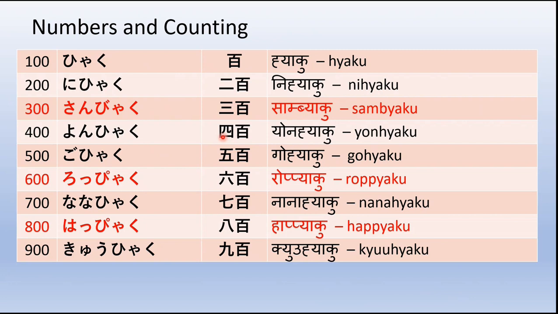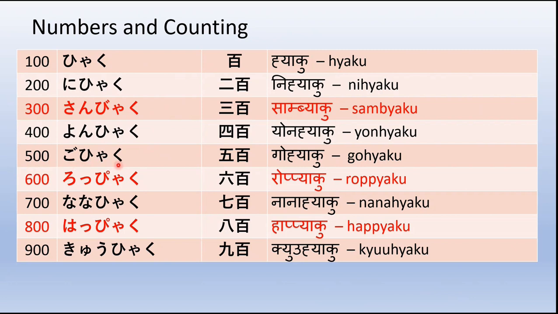So this is an exception in pronunciation. Instead of Sanhyaku, we call it Sambyaku. So here you can see instead of hya, we have bya. This is another blended sound. So Sambyaku. Then next is 400, which is yon hyaku.